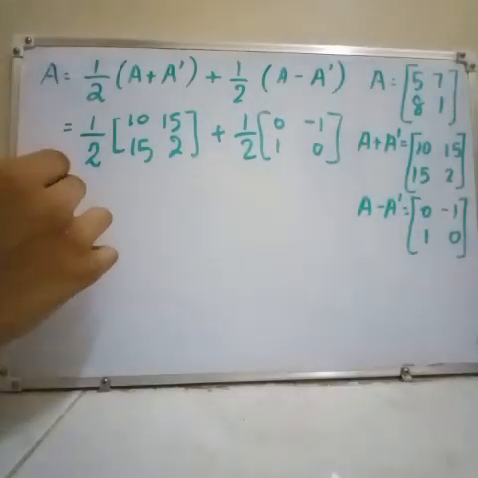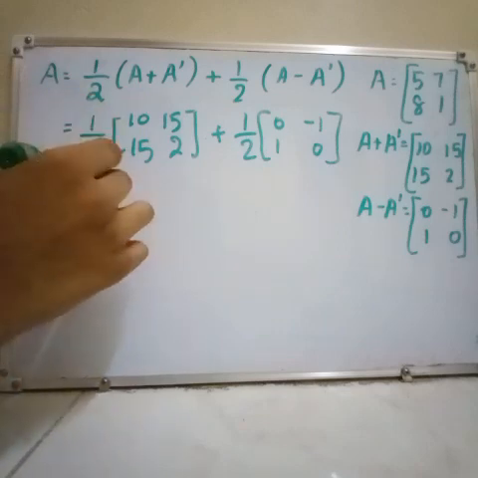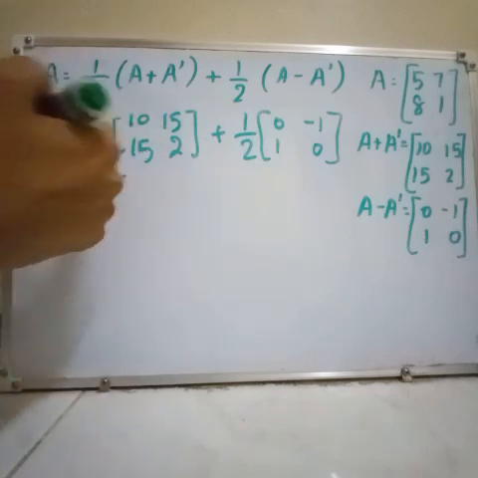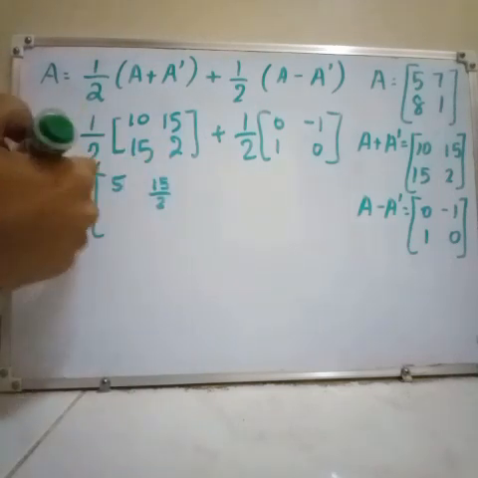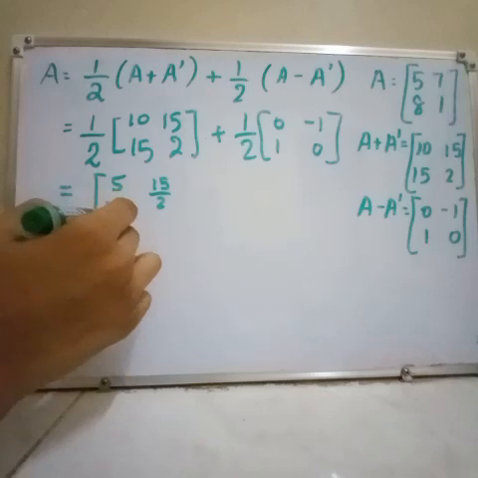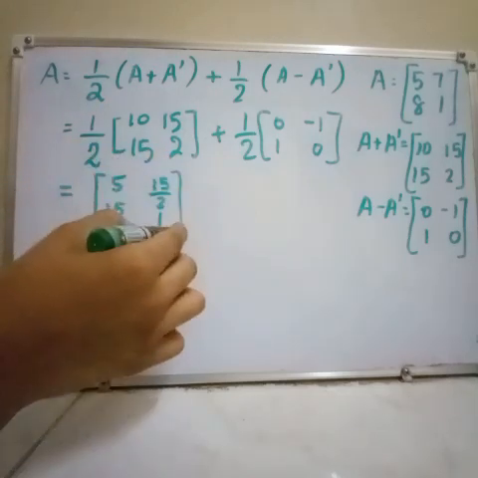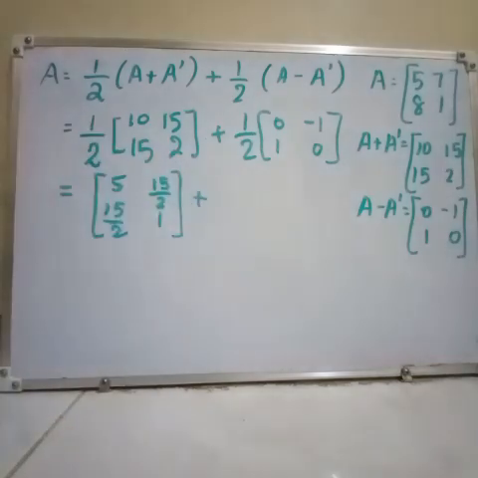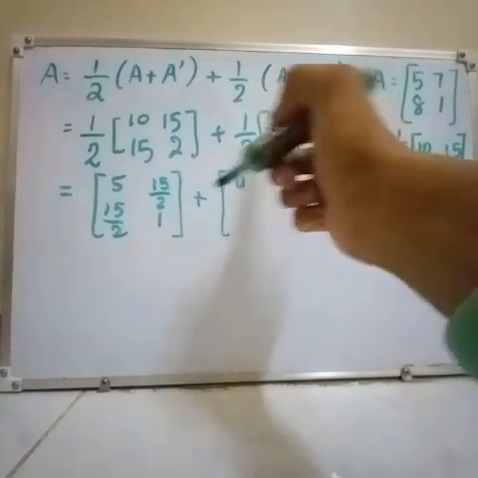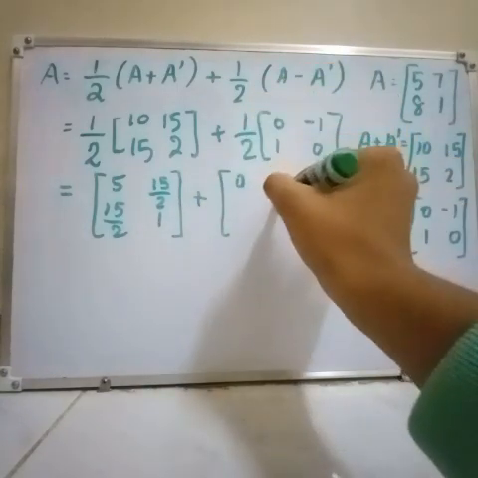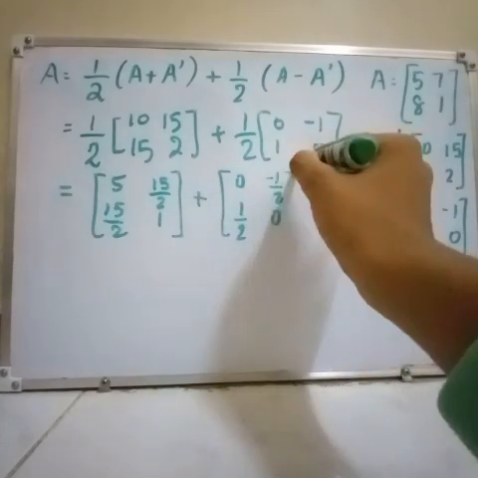Now just multiply this half inside, so 10 by 2 would be 5, 15 by 2, 15 by 2, and 2 by 2 would be 1, plus 0 by 2 would be 0, minus 1 by 2, 1 by 2, and 0 by 2 would be 0.